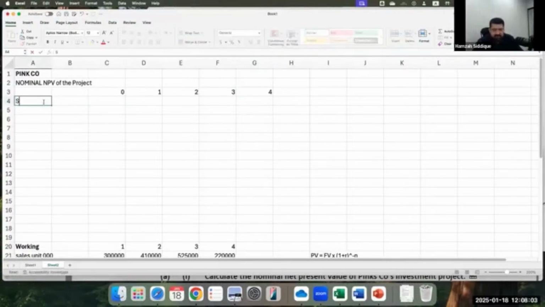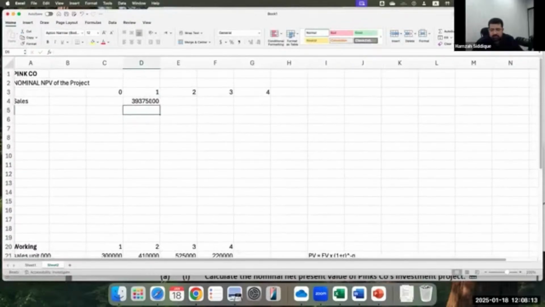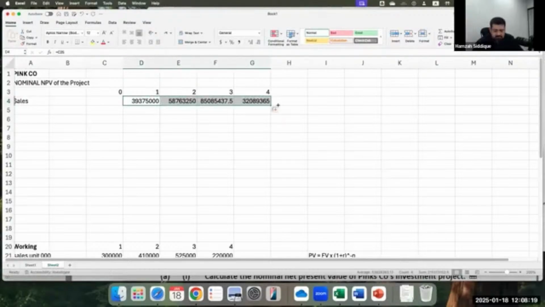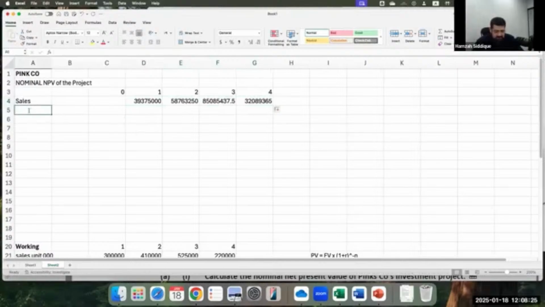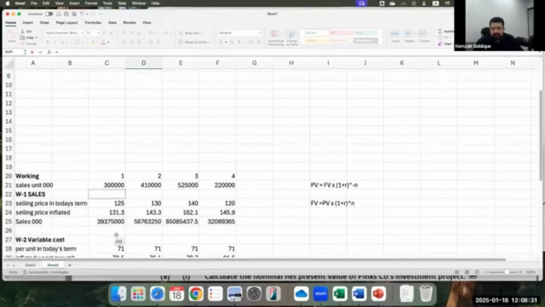First of all, sales revenue. We will link the cell, this one. Sales. Less variable cost, again equal to this minus this.